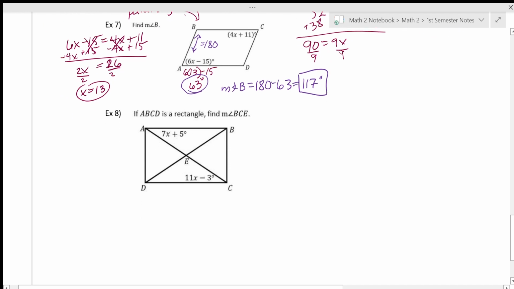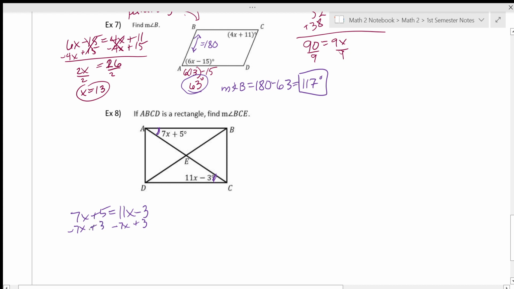Okay, and then my last one here, as we talked about up above, we're going to have some alternate interior angles within our parallelograms and rectangles. Rectangles because it's a parallelogram. So 7x plus 5 equals 11x minus 3. This is going to allow me to solve for x.